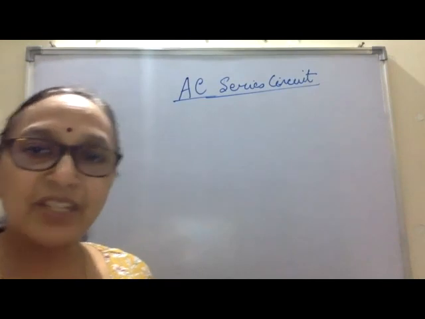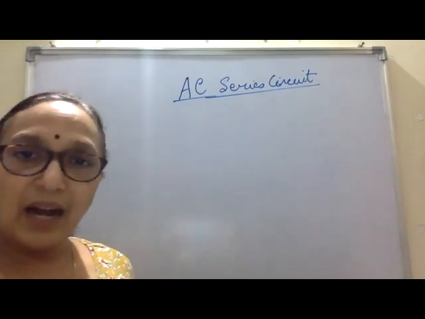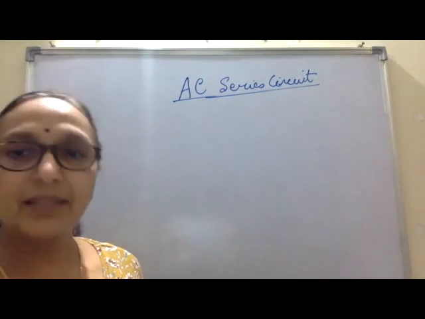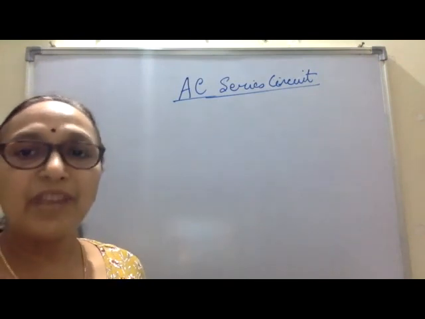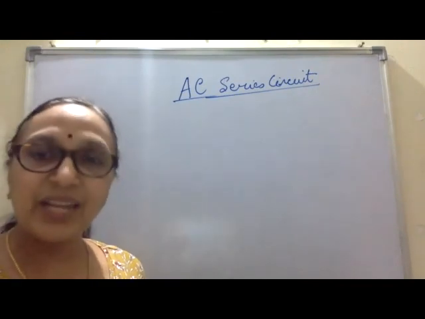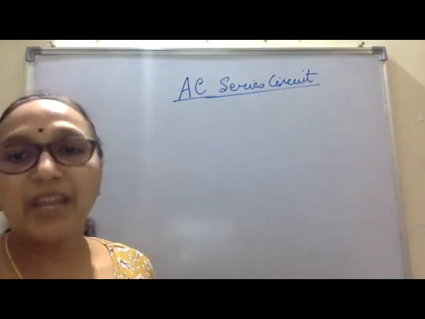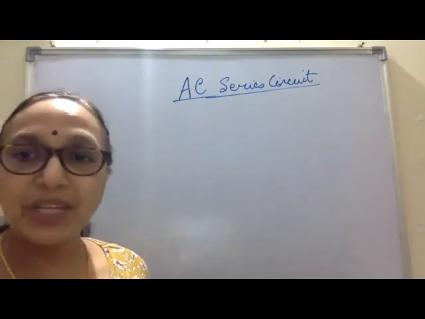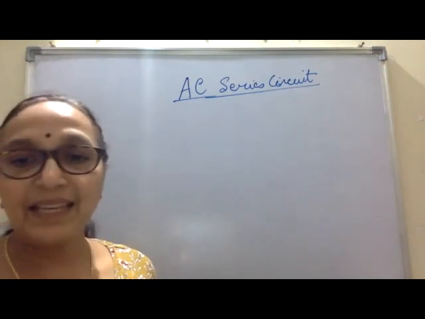Today we have discussed the AC series circuits, that is RL circuit, RC circuit and RLC circuit, and we have seen the voltage phasor, the impedance triangle and the power triangle, and you can solve any type of numerical using these three combinations for the AC series circuit.